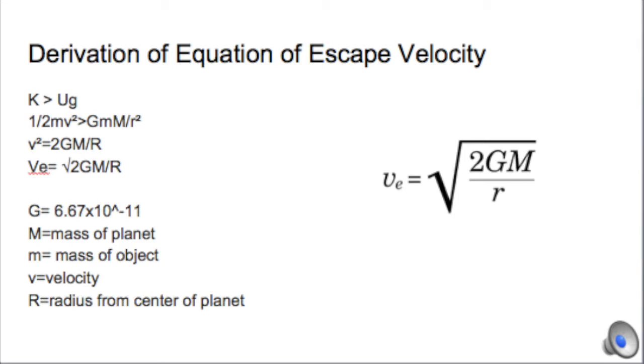It doesn't matter how much an object weighs, whether very small or large, it takes the same velocity as any other object. If the radius of a planet is greater, then its escape velocity will be less, and if the mass of the planet is greater, then its escape velocity will be greater, because of this equation that we see.